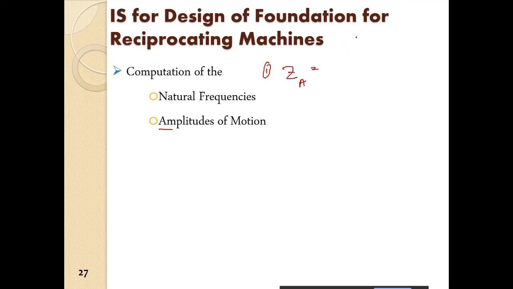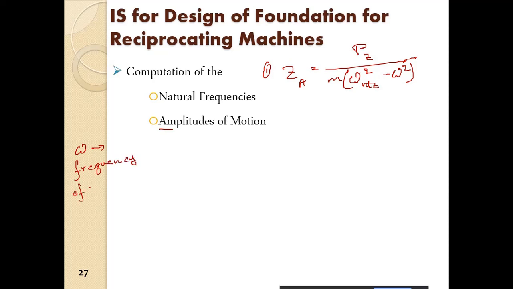We saw that we had P_z by m into omega n z squared, which we have just defined, minus omega squared. Here omega is the frequency of operation of the machine, the frequency of the dynamic load.